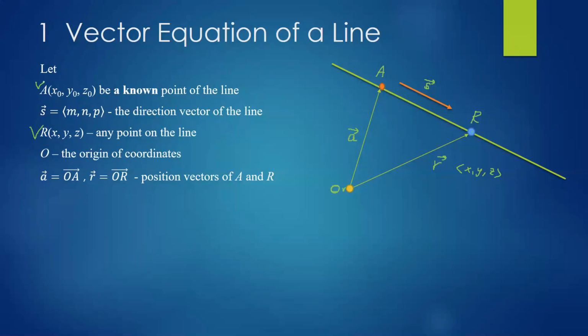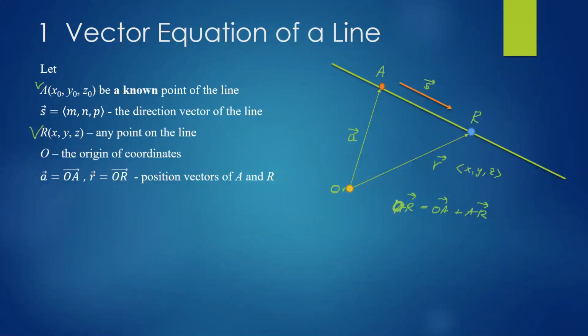And now, just like in the two-dimensional case, we note that the vector OR can be written as the vector OA plus the vector AR. Sorry, not AR at first, but OR, I'm very sorry. The vector OR can be written like this. It doesn't matter where the points A and R are, actually.